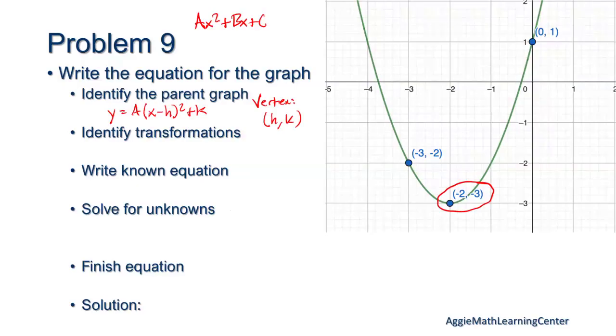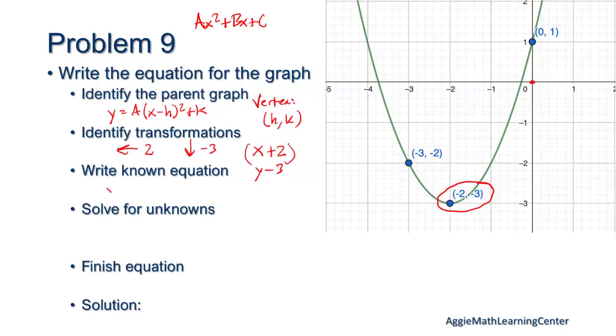So we know that's our vertex, and our transformations, usually it starts at (0, 0), right? So that's where we base our transformations off of. And we know that it moves to the left by 2, and it moves down by 3, right? So because it's in the parentheses, our x is going to be x plus 2, and our y is going to be y minus 3 is kind of our transformations there.